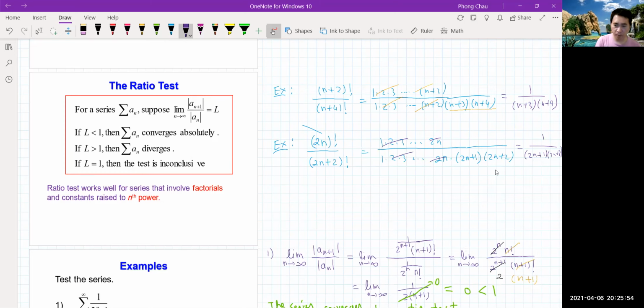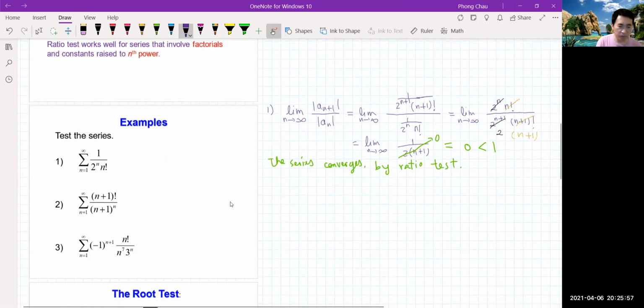Okay, now that's really helpful when it comes to simplifying factorials, like in example 2 down here. For example 2, again, you're going to look at the limit of the absolute value of a sub n plus 1 over the absolute value of a sub n as n approaches infinity.